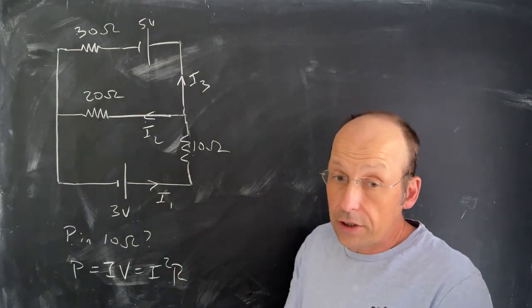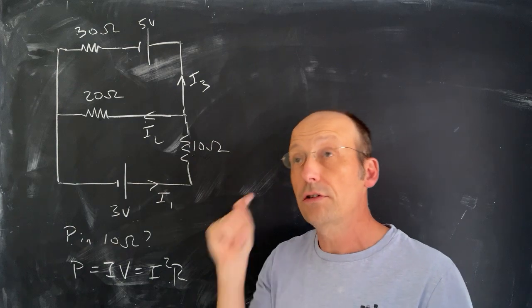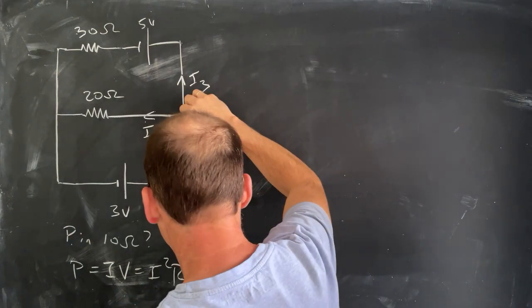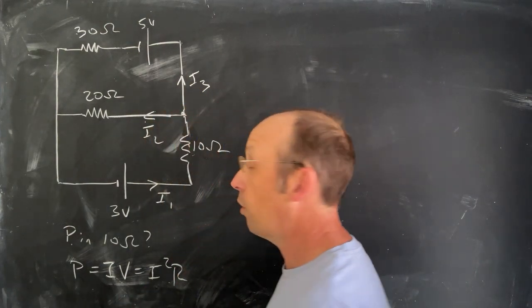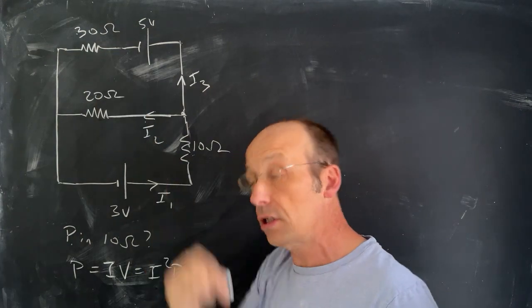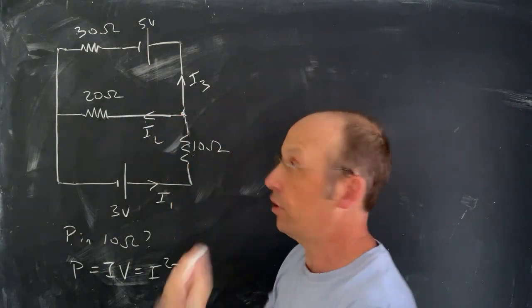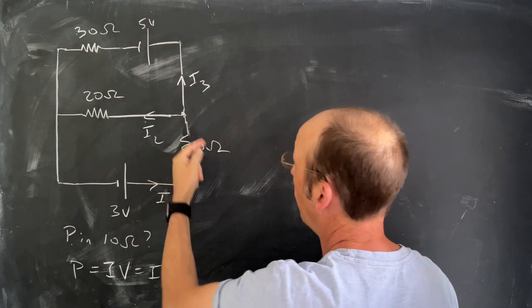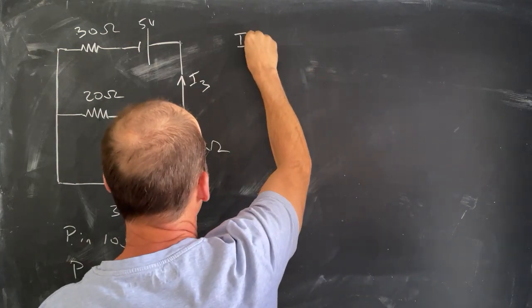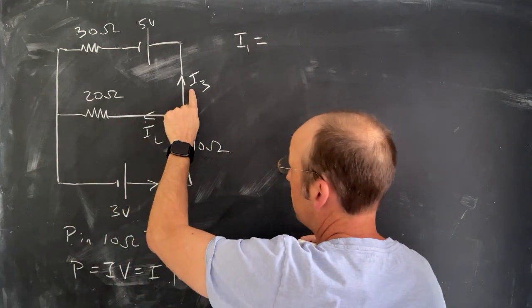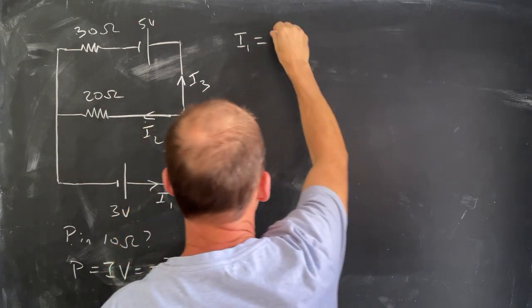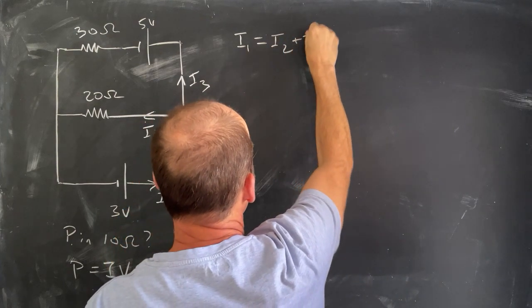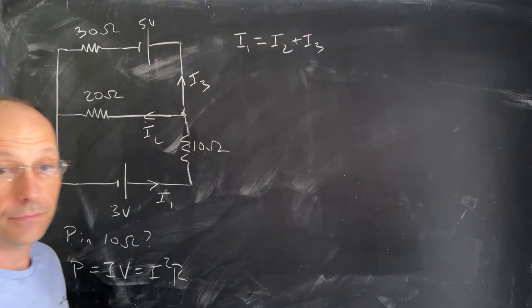So the first equation I can use is the junction rule. The junction rule says that if I have a junction, say right here, the total current coming into the junction is equal to the current coming out of the junction. So here I have current I1 coming in, and the current coming out is I2 and I3, I2 plus I3.